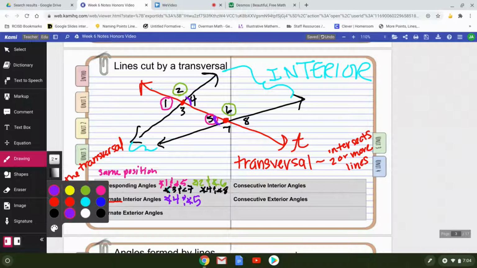There's one more set. Can you see them? How about angle 3 and angle 6? Those are on opposite or alternate sides of the transversal, and they're interior. So angle 3 and angle 6.